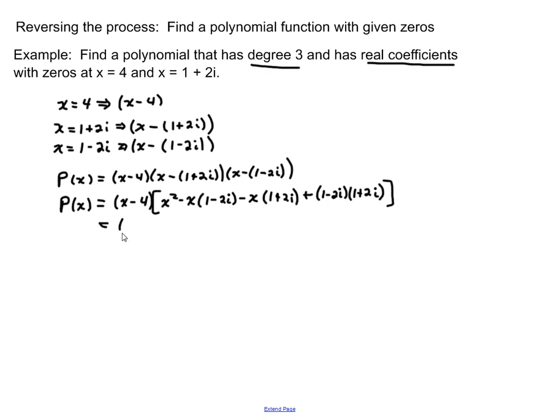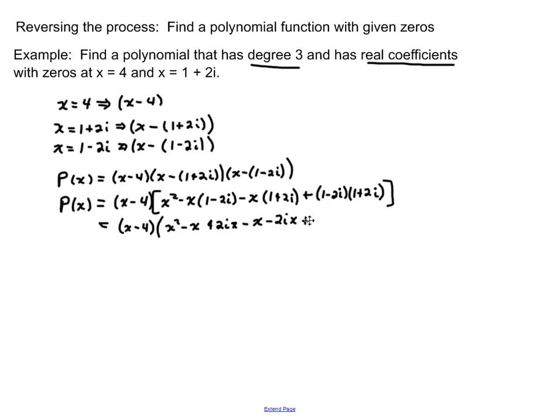I'm going to take x minus 4, and that will be multiplied by x squared. Let's distribute right here, so we're going to have minus x plus 2i times x. We're going to distribute here, so we'll have minus x minus 2i times x.